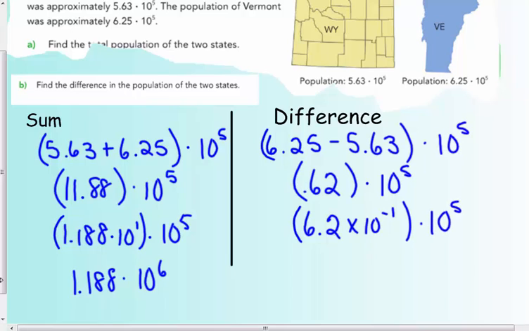So I'm going to use my product of powers rule again, keep my base of 10, and add my exponents. One's a negative and one's a positive, so how do you combine 5 and negative 1? You get 4, and my number in scientific notation would be 6 and 2/10ths times 10 to the 4th. So 62,000 people is the difference in those two states.